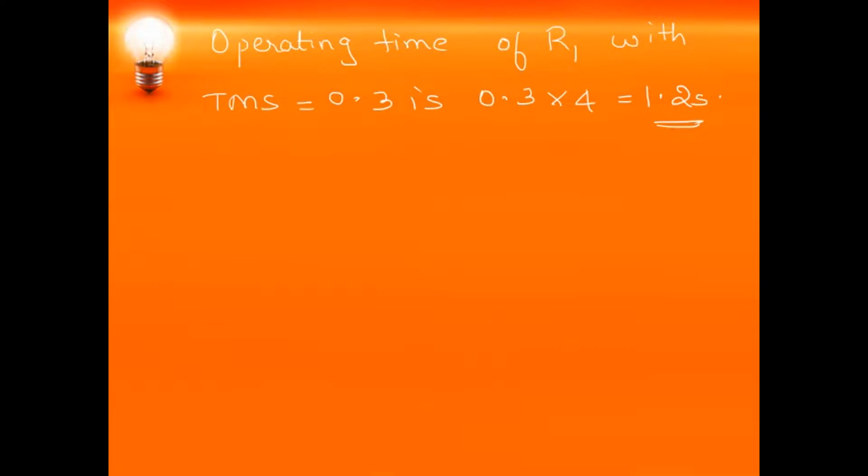So next we will concentrate on relay R2. We have to find the operating time of relay R2 as well as the time multiplier setting of relay R2.